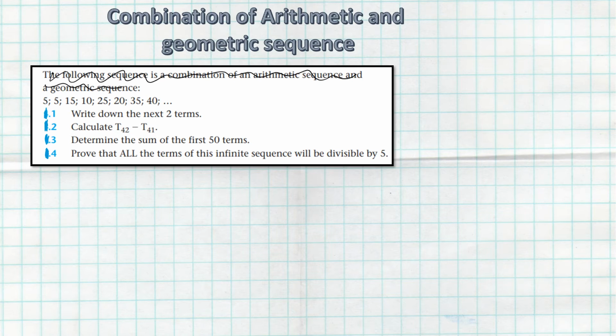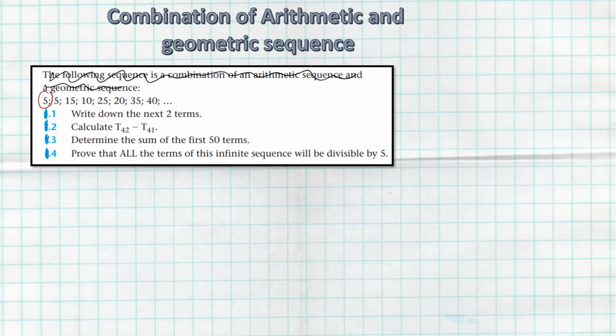What do we do after we have checked that this sequence is not arithmetic, not geometric, and not quadratic? We check whether this is a combination of arithmetic and geometric, or arithmetic and arithmetic, or geometric and geometric. How do we check? Very, very important. To check whether it's a combination, you highlight certain numbers in the sequence in that order.